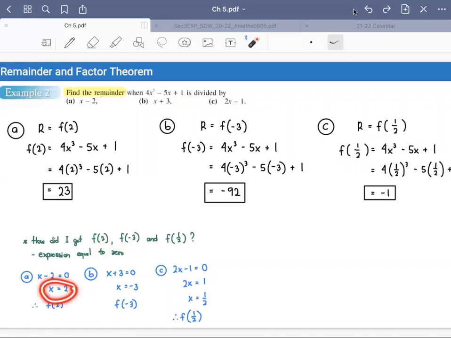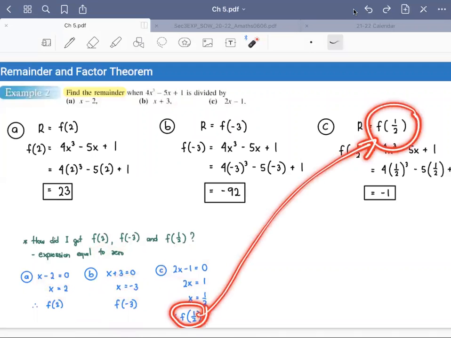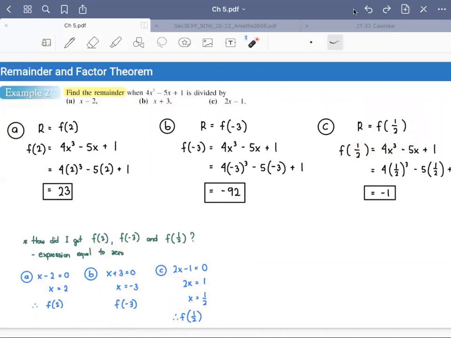So x is 2, therefore it's f of 2. This one for letter B is x is negative 3, therefore it's f of negative 3. For letter C, since this is 2x minus 1, when you solve for x, x is equal to 1 half, right? So that's how I got f of 1 half. But class, you don't have to show this method because I think you guys can mentally do that, right?